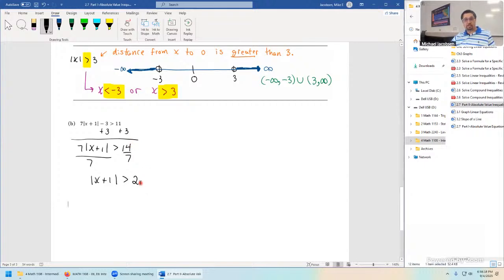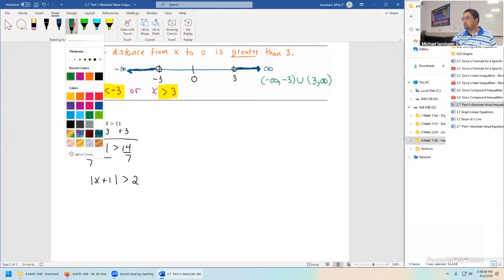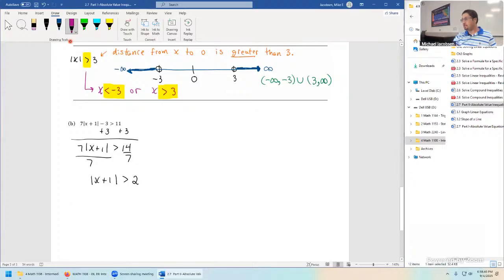So now this is the critical step. These are really hard to nail down unless we get these steps just right. It's saying now x plus 1 is greater than 2 in distance. This formula said just x, but it could have been anything whatsoever. So whatever is inside the absolute value bars, we'll take it and split into this new compound statement.